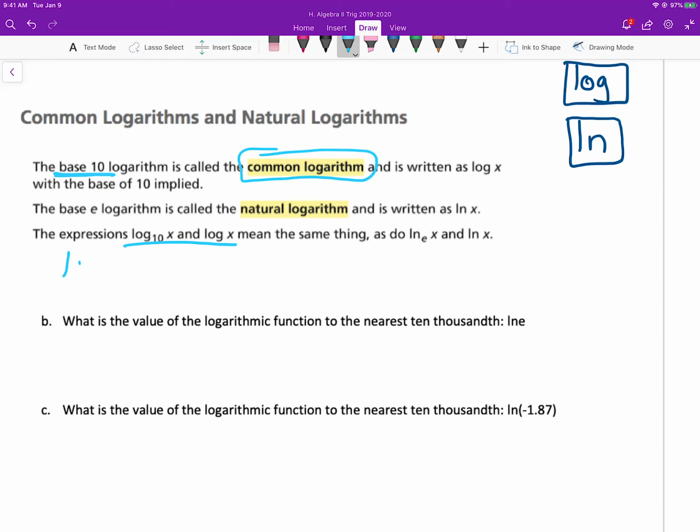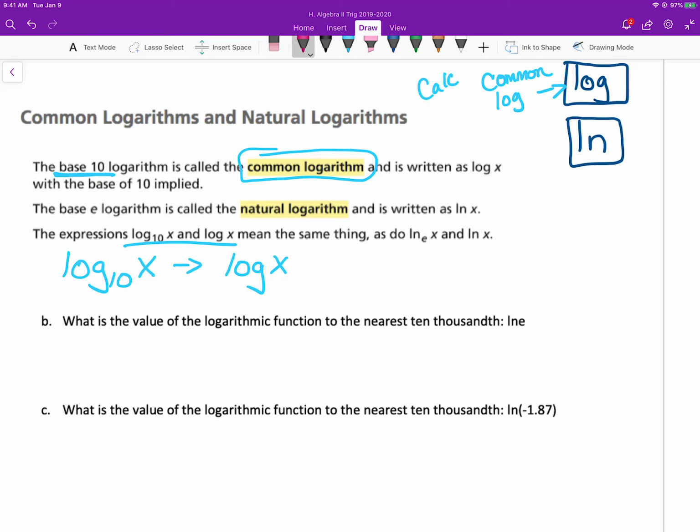If it has log with a base of 10, and then I'm just going to put an x here, they're never going to write that base of 10. What they're going to write instead is just log x. So if you don't see a base at all, it has a base of 10, and you use this button on the calculator. That's your calculator button. It's just the one that says log.